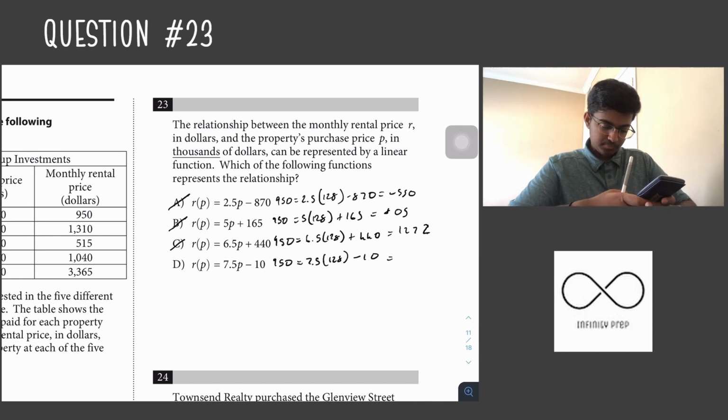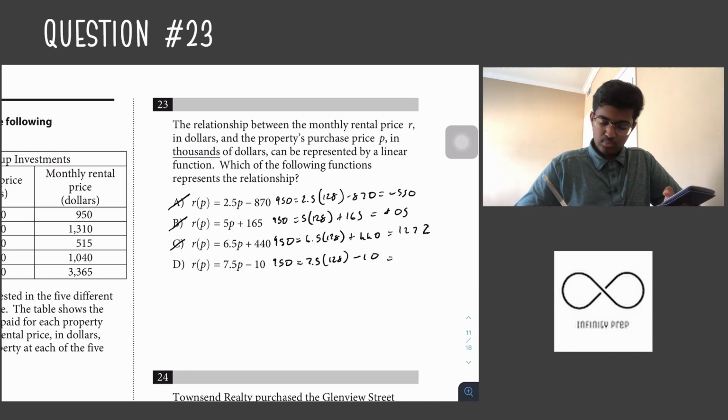And 7.5 times 128 minus 10 is equal to 950, so answer choice D is correct.